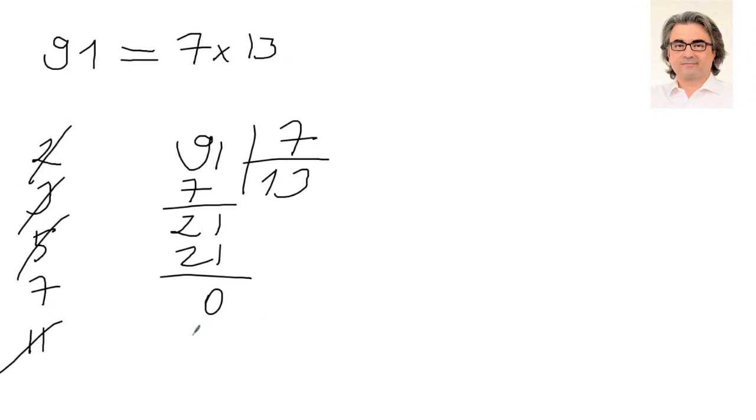Now children, I'll stop here. Now we reached a very beneficial result in today's lesson. We learned the meaning of prime number, and we learned how we may find whether a number is prime or not.